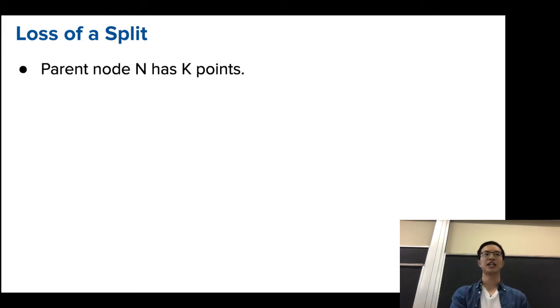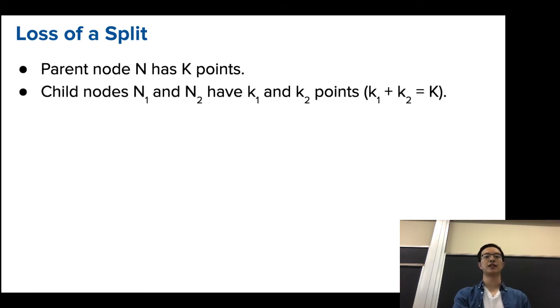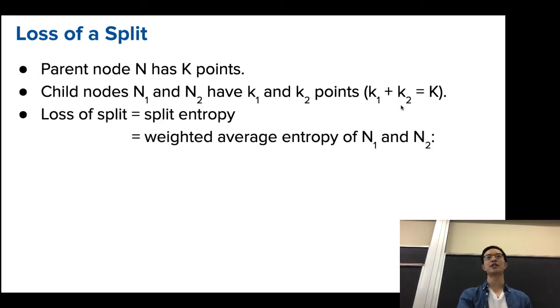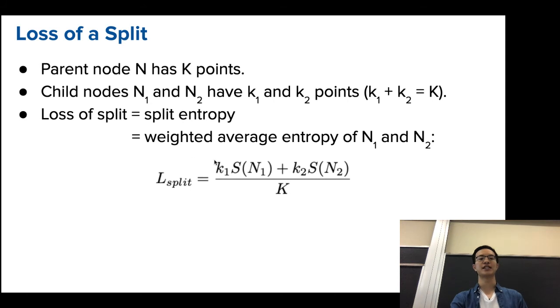The loss of my split is defined like so. If my parent node has k points, and the child nodes have k1 and k2 points, we know that k1 plus k2 will be equal to k, because we're going to split my nodes into one partition or the other. And the loss of my split is the weighted average entropy of both of my child nodes. In other words, take the entropy of my first child, take the entropy of my second child, weight them and take the average.